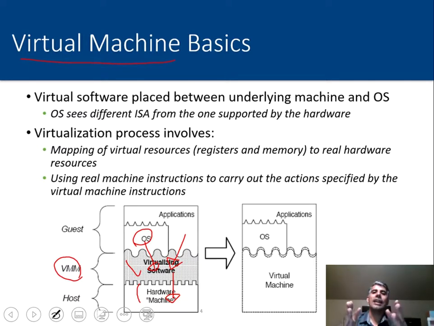It thinks that there is just a machine with 2 cores and half of the memory that is allocated to this virtual machine or to this operating system. So this abstraction, this illusion is provided by the virtualization software, or what is so-called the hypervisor.